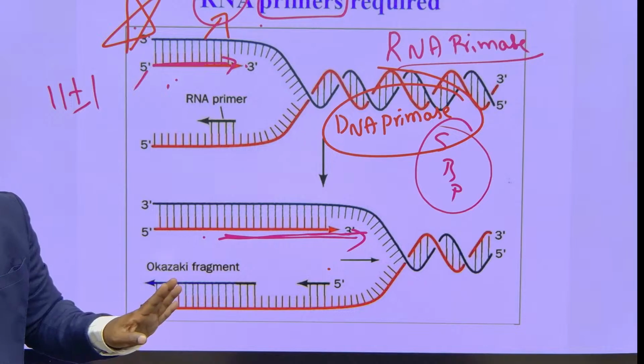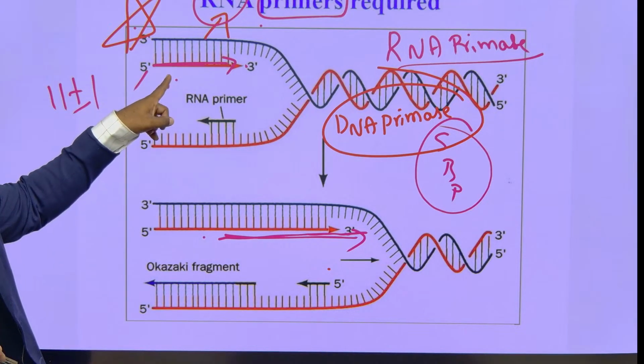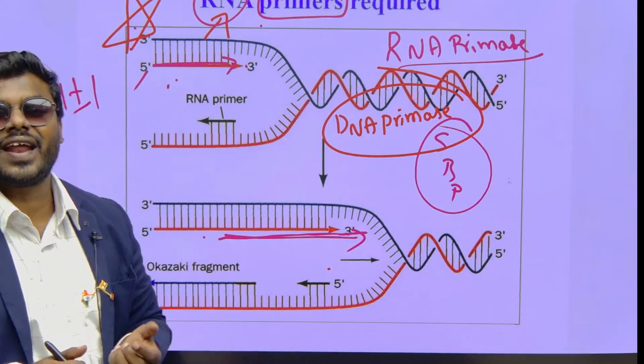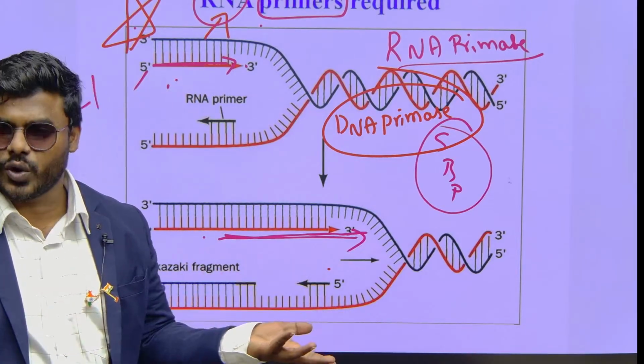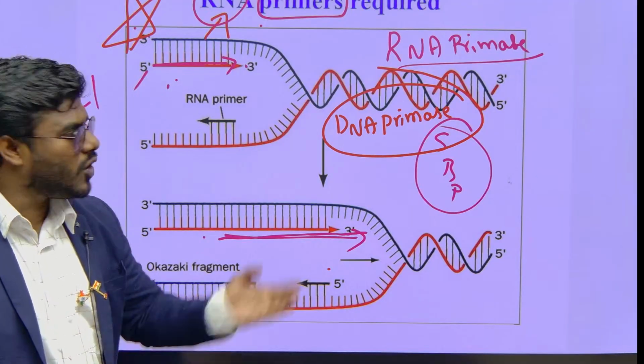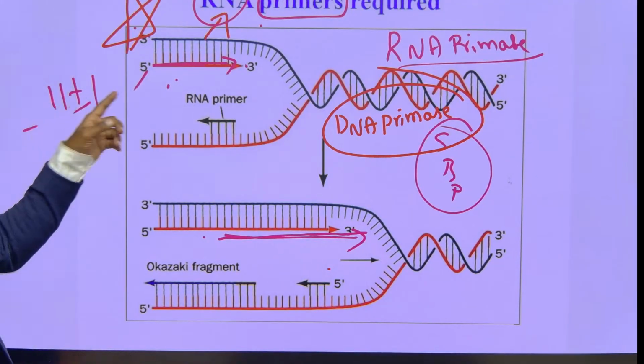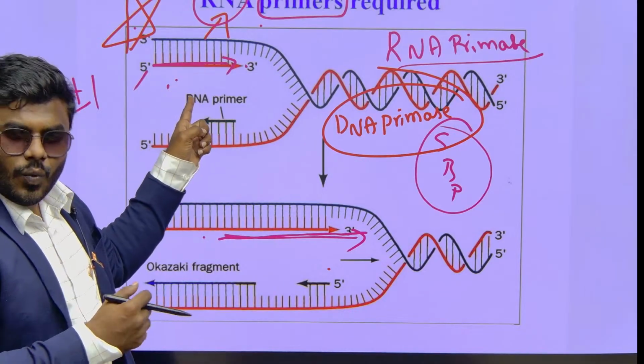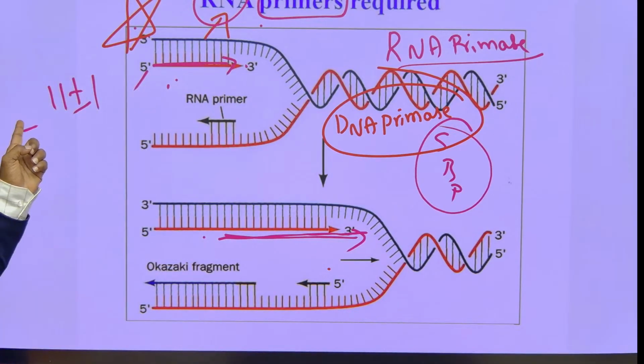There is no such enzyme. That's why first we add the RNA primer. Then the question is, sir, what is the use of the RNA primer in the DNA? Of course there is no use. Once the DNA replication is over, we'll remove it. That we will read in the process. To start the process we added it. While ending the process, definitely we will remove it.